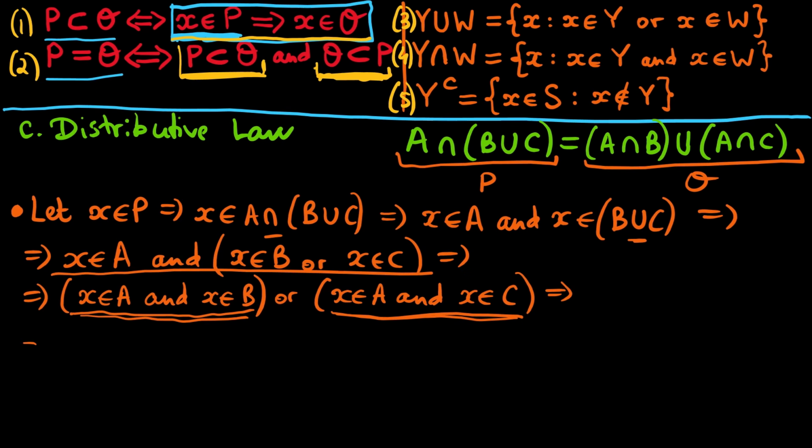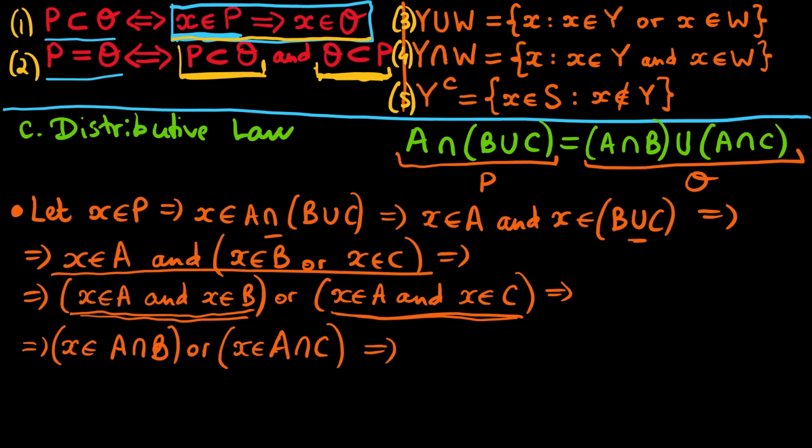What's inside the first parenthesis says that X is an element of A intersection B, and then there's an OR, and what's inside the second one says that X is an element of A intersection C. Then we're going to use definition 3, going from right to left, and say that X must be an element of the union of these two sets.